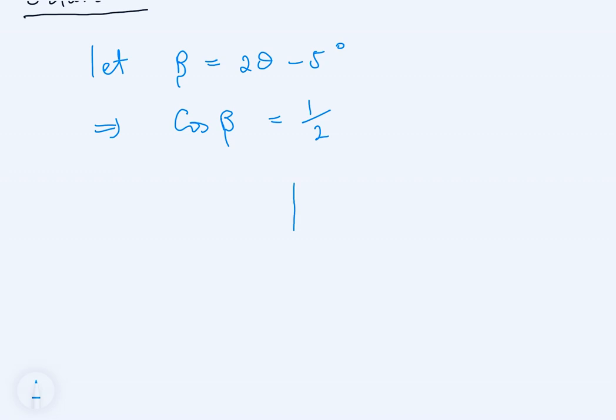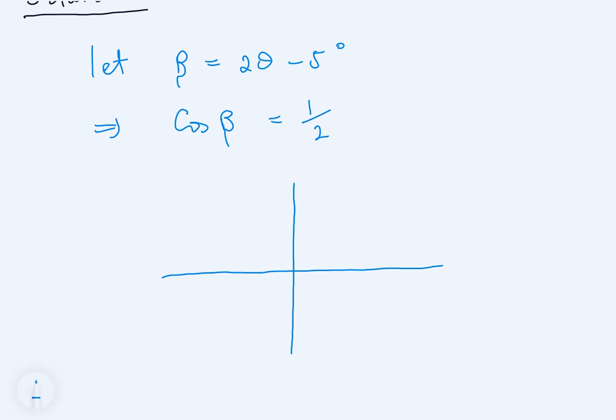So let's just draw a rough plane here, just to remind ourselves which quadrants is cos positive in, because what we have here is a positive ratio, right? We've got cos beta is equal to a half. It's a positive half. So on which quadrants is the cos function positive?